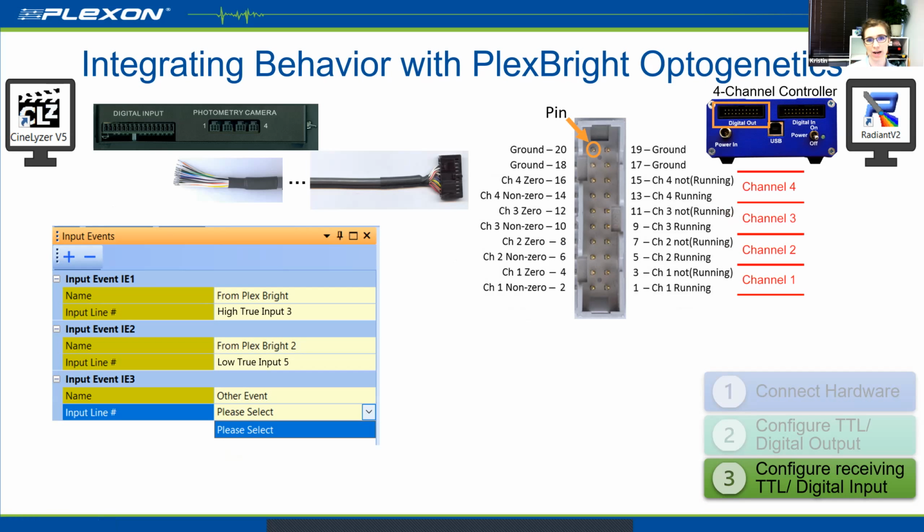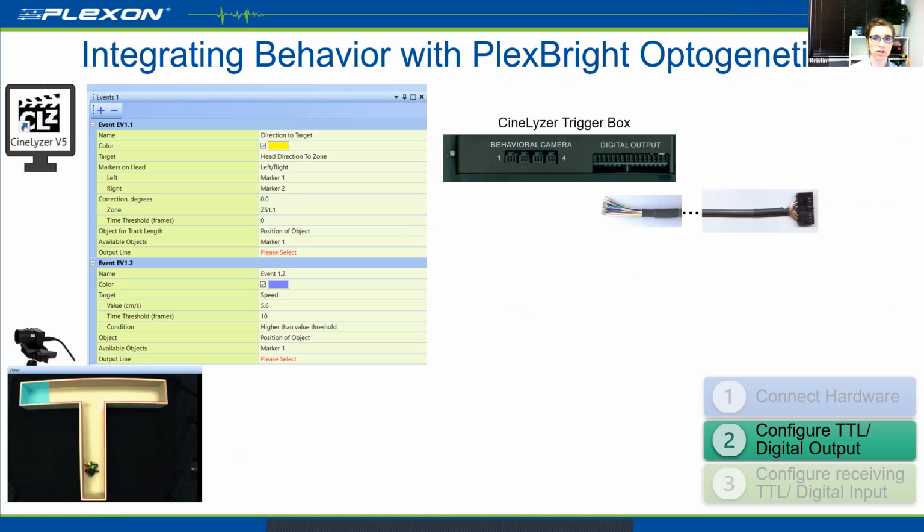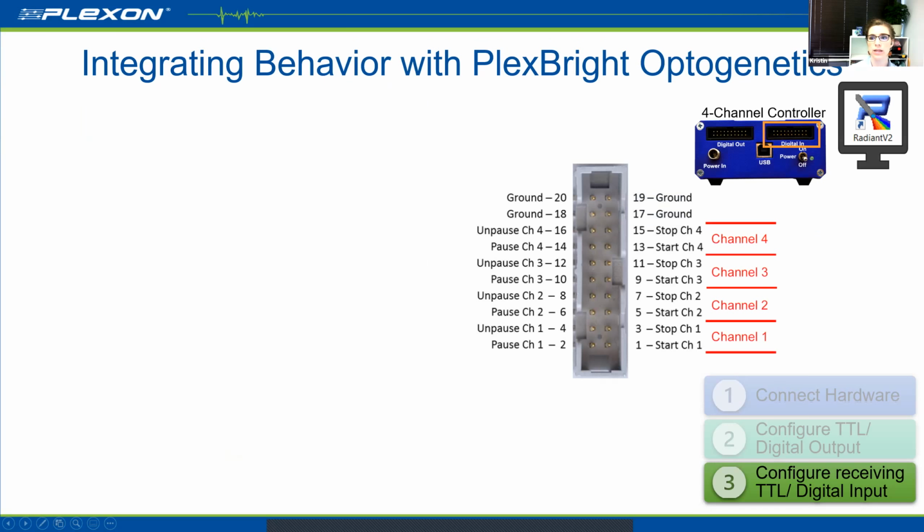Now going the opposite direction, from the Sennheiser behavioral system, sending a digital output to the 4-channel controller to control optogenetics is almost exactly the same, except now you're sending behavioral events as digital outputs through the trigger box, through that same bare wire cable that's now connected to your digital inputs.